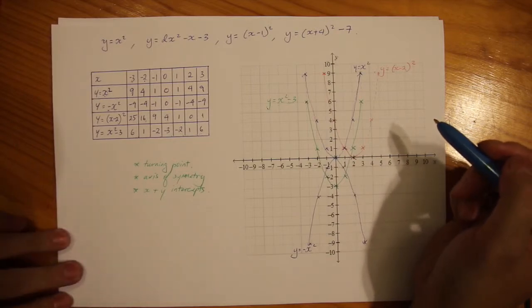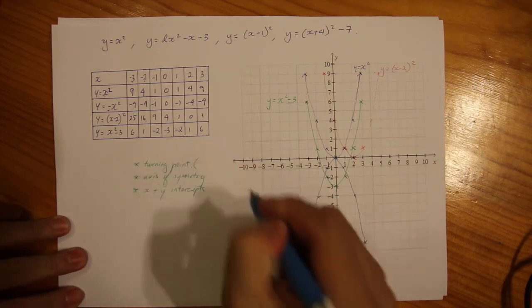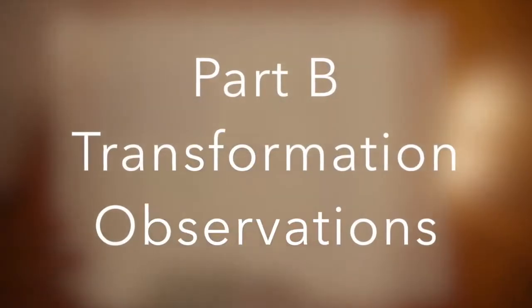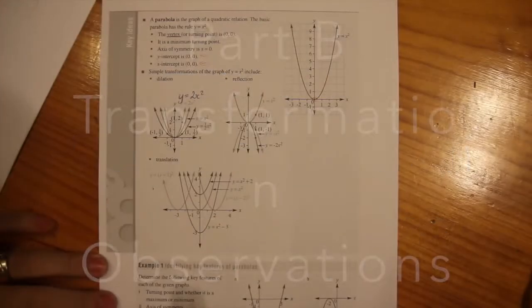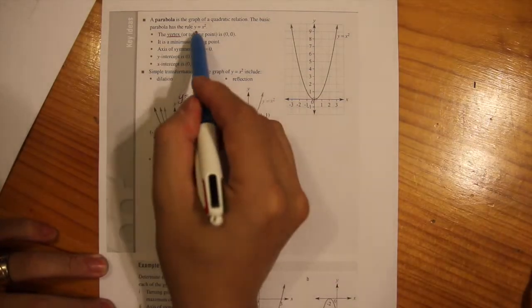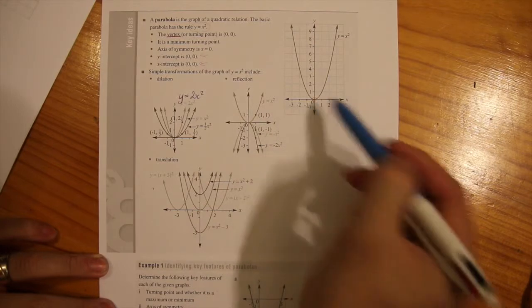The other point to take note of, that the turning point is also called the vertex. Okay, just a few things just to add on to parabolas, just introducing. Looking at just y equals x squared, your turning point is going to be at the origin.